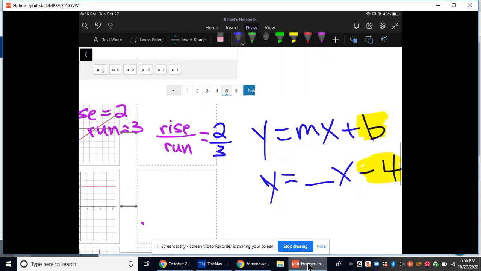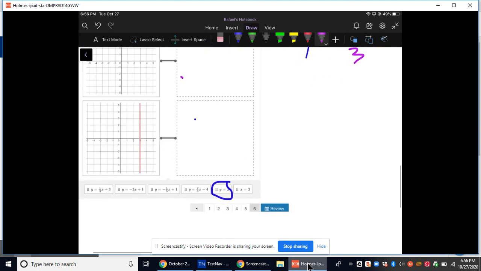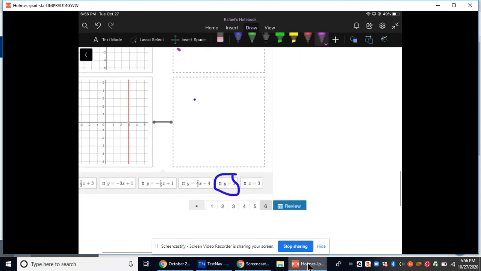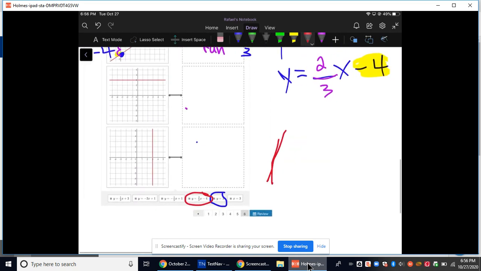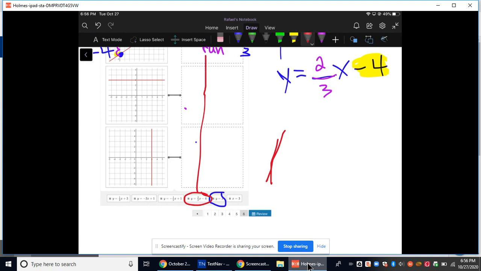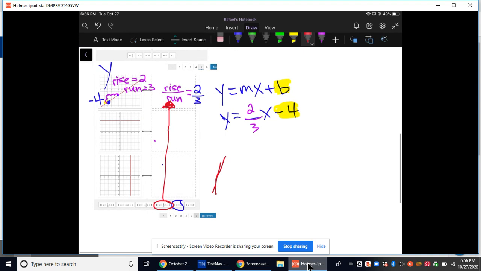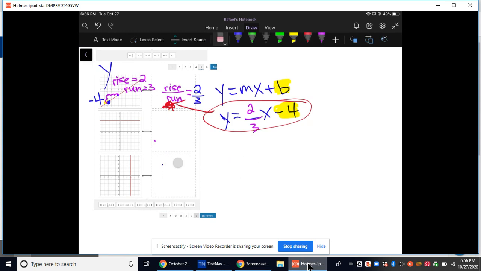Now I can fill that in the blank right here. 2 over 3x minus 4. And let's see if that equation is here. Bingo, right there. So you would just drag that into this box right here. Okay? Goes right there.